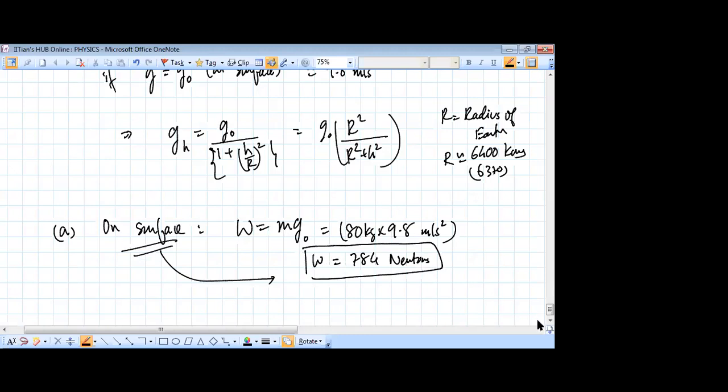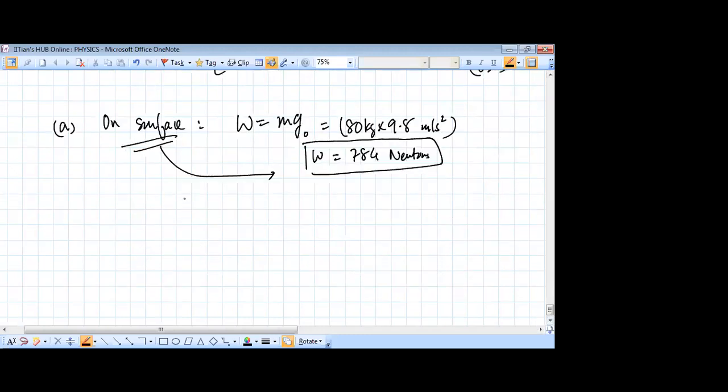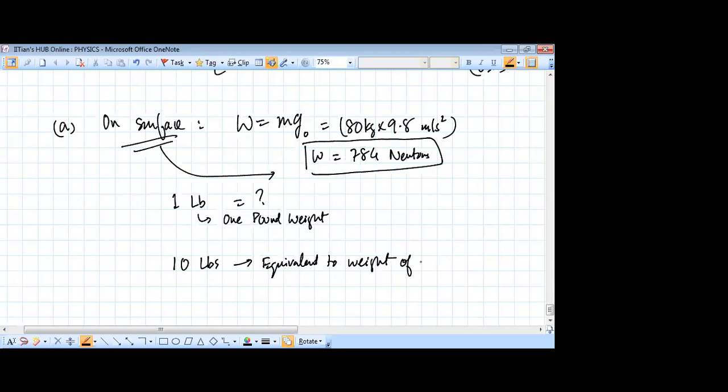Now, though it is not necessary, I'll just tell you the conversion of kg to pounds. 10 pounds is equivalent to the weight of 4.5 kg on Earth's surface.